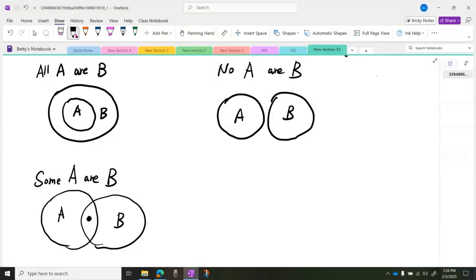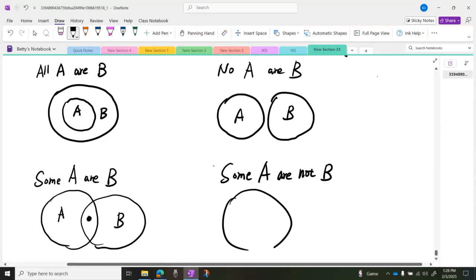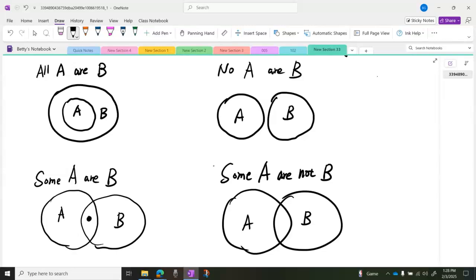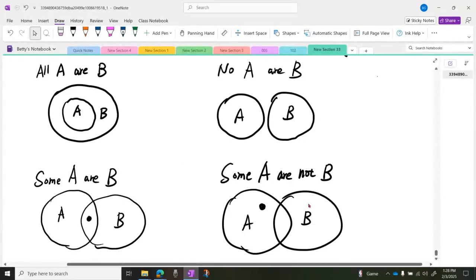The last one, some A are not B. I also have two circles representing the two sets. But this time, the dot does not appear in the overlapping part.